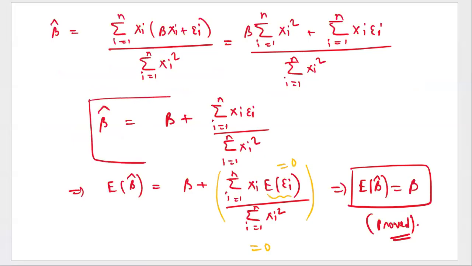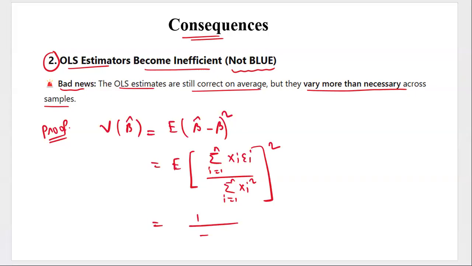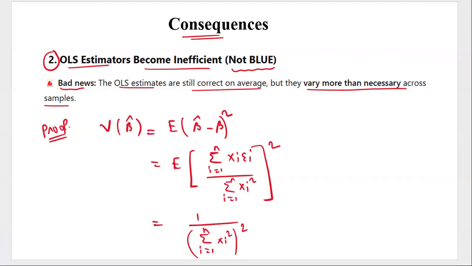From this particular expression, beta cap minus beta is this second term. So write that: summation i from 1 to n xi epsilon i upon summation xi squared. Now the expectation will be only on the random variable, and all the non-stochastic parts will come out, of this whole square. Expectation is only on this thing.